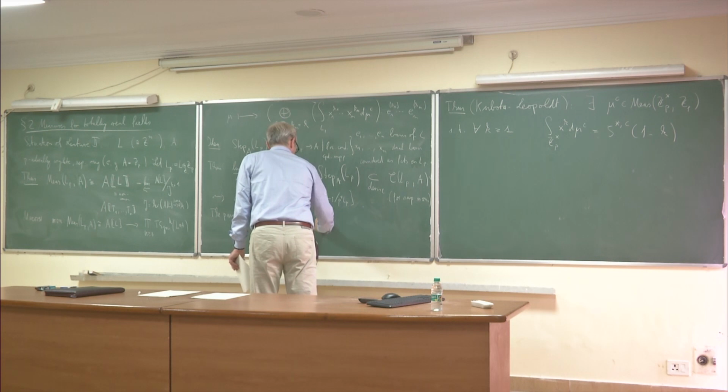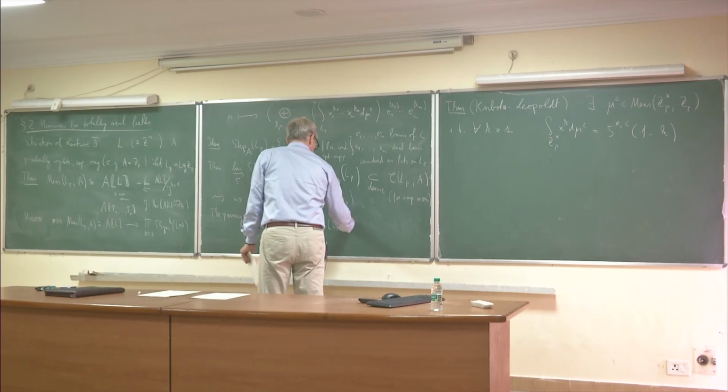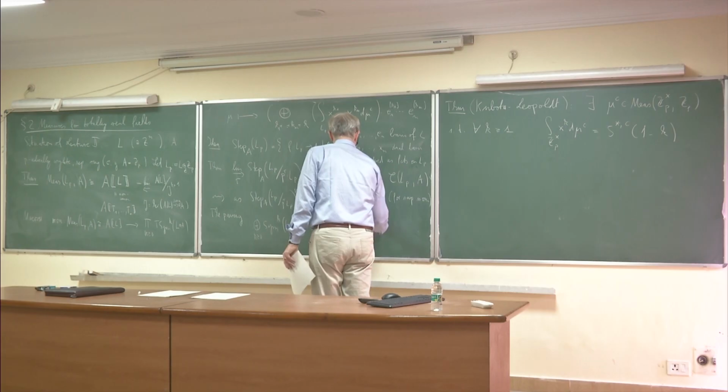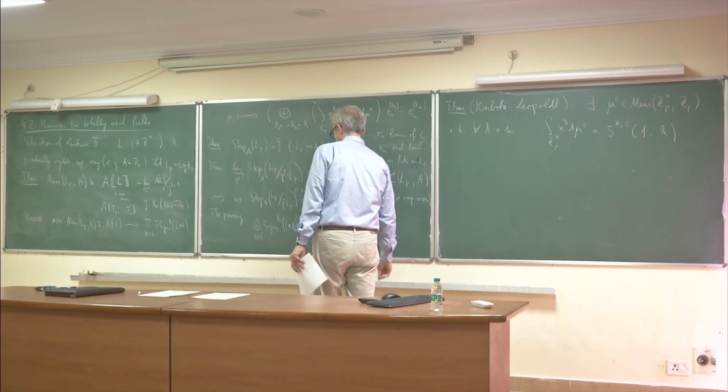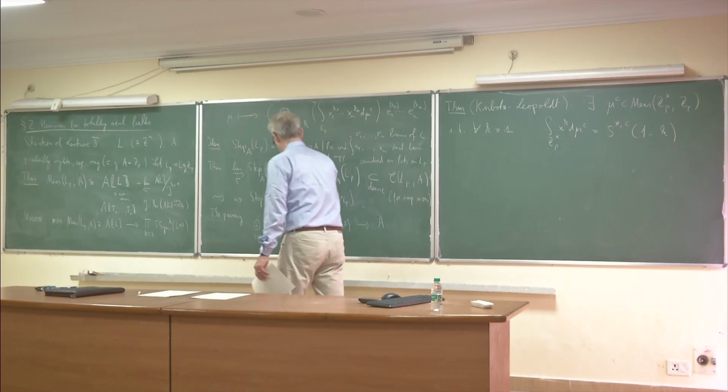And now we can, of course, pair this with the measures on LP with values in A, and then we get something in A. And how does that work? Yeah, this is contained in the continuous function.